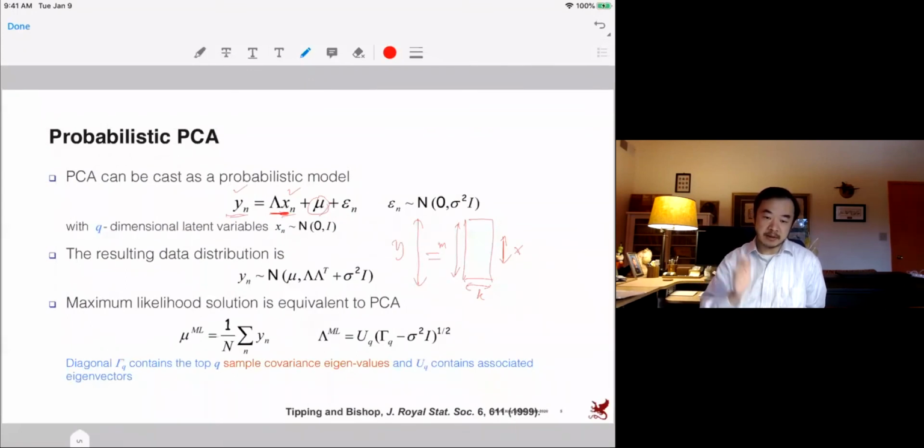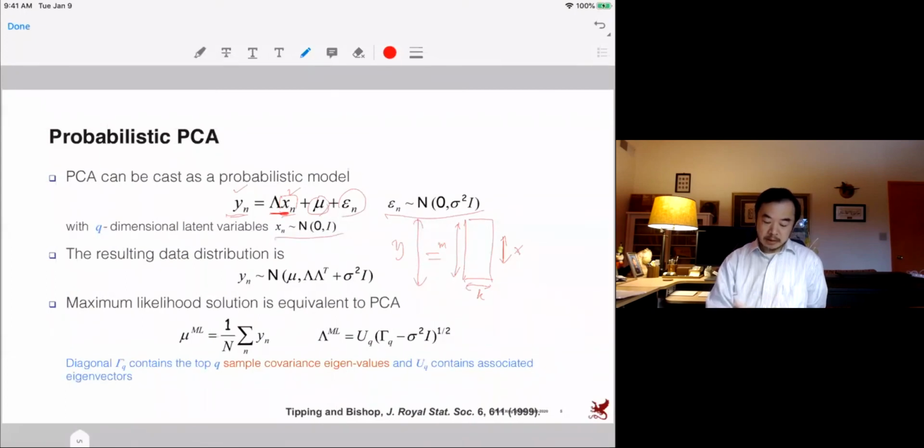It's just the center of the data, basically. You can center the data anywhere now. And then plus also a noise. The noise could be a Gaussian noise. And we also assume that this latent X itself follows a q dimensional Gaussian distribution like this.